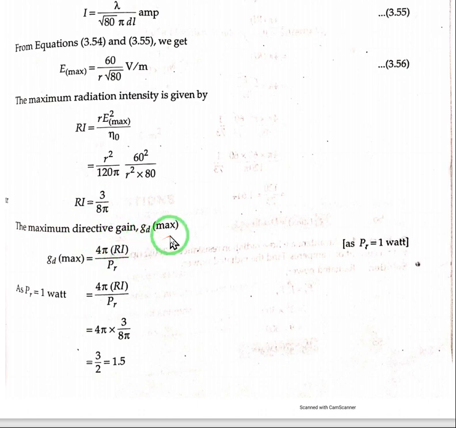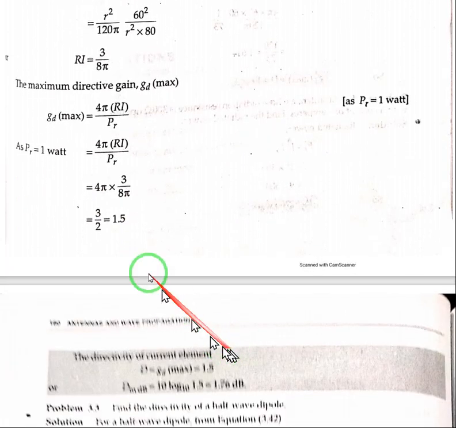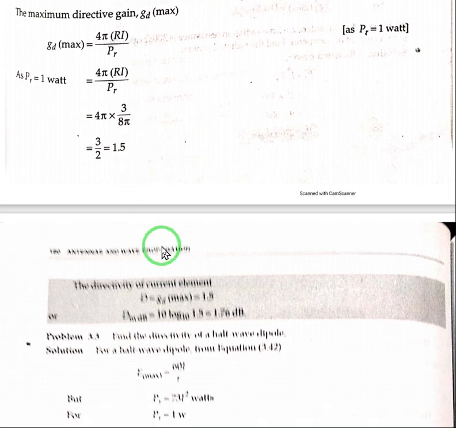In the last lecture, it has also been discussed that directive gain is equal to 4 pi Ri over PR. We have Ri that is 3 over 8 pi. We put the value of Ri, that is 4 pi multiplied by 3 over 8 pi, divided by PR, and we have taken PR as 1. After simplifying, pi is cancelled out, 4 ones are 4, 4 twos are 8, and it becomes 3 by 2, that is 1.5.